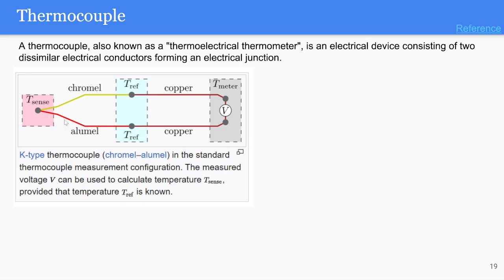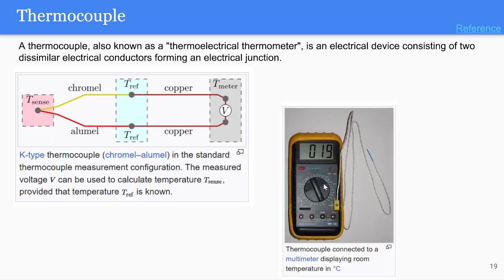The temperature is sensed here, and because of the difference in the type of materials, okay, you have a reference temperature here, and ultimately because of those different materials, you detect a difference in voltage here, which basically depicts what temperature is sensed on this side of the junction.